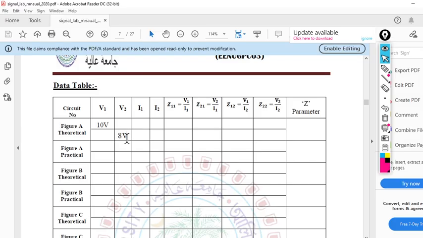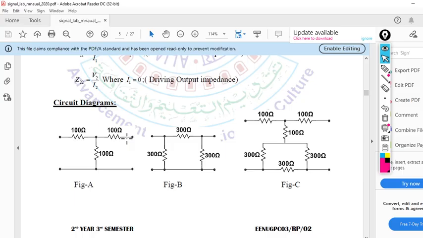After that, when you do the practical, you can check: if your theoretical data is right, your practical data should be almost equal to it. Then you can easily say yes, your experiment is fully successful. So the first thing is that you will try to solve this problem, because you know the nodal method and mesh method. The steps I'll tell you today.